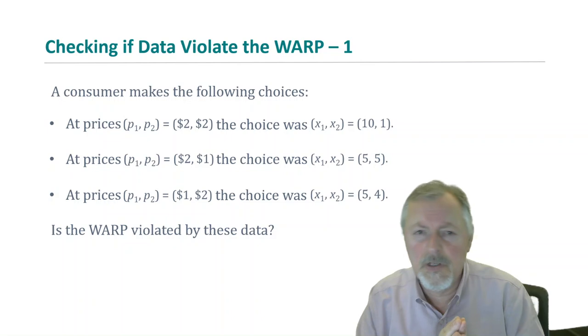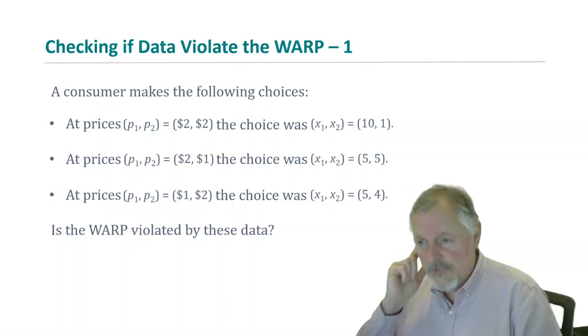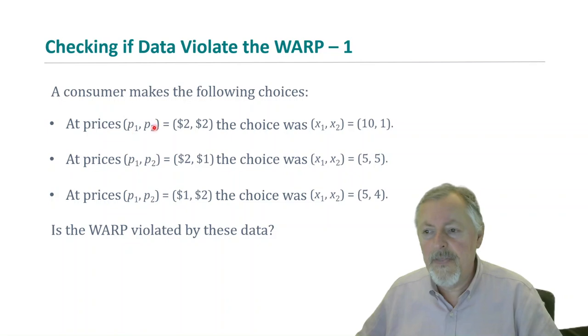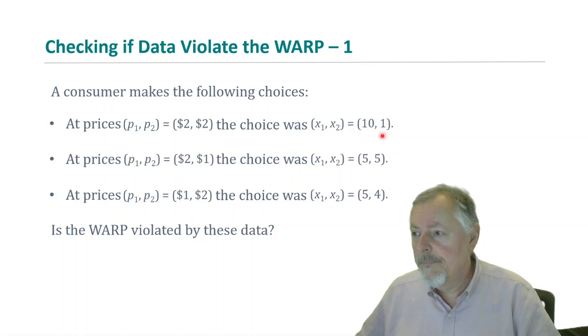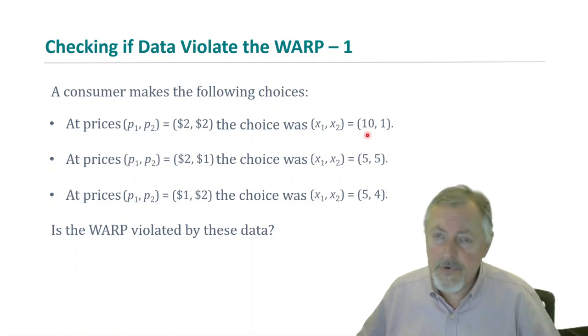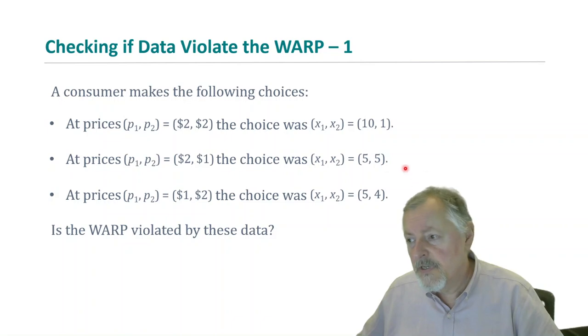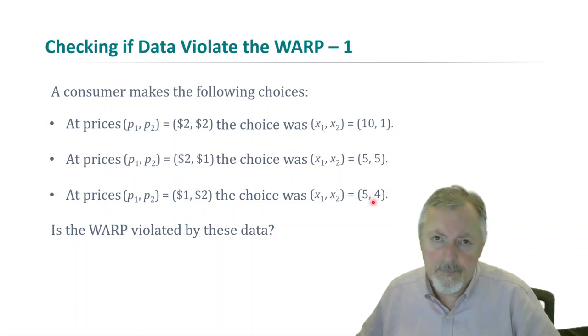But if you have a very small number of choices, what I would do is, okay, at these prices, you picked this bundle, 10 of the first thing, 1 of the second. At those prices, you picked this bundle, and at these prices, you picked that bundle.